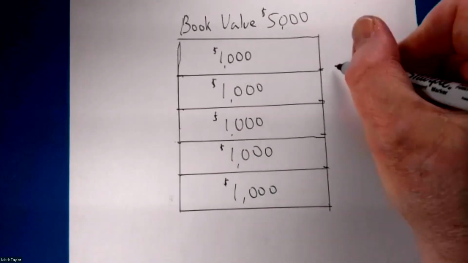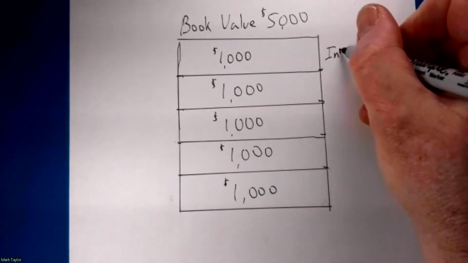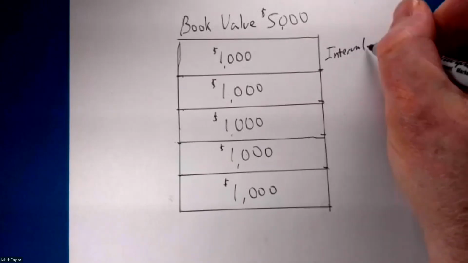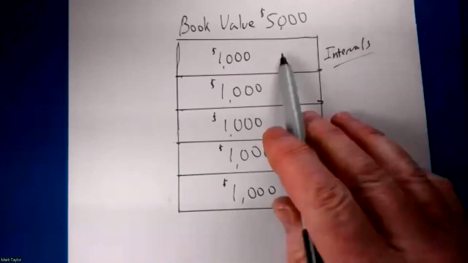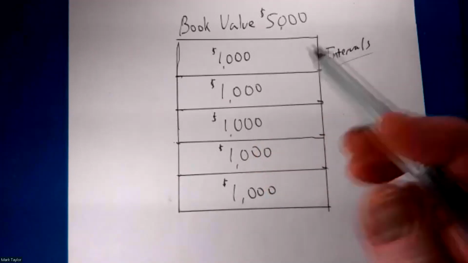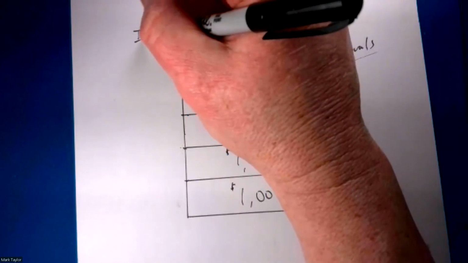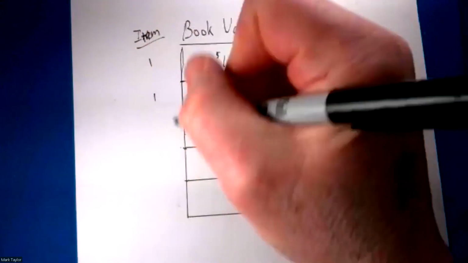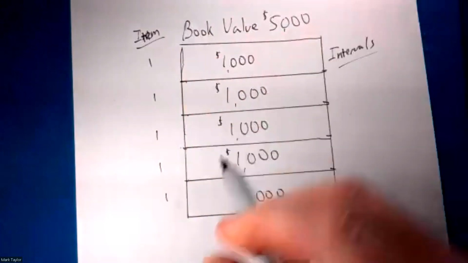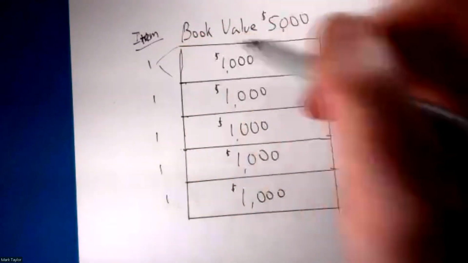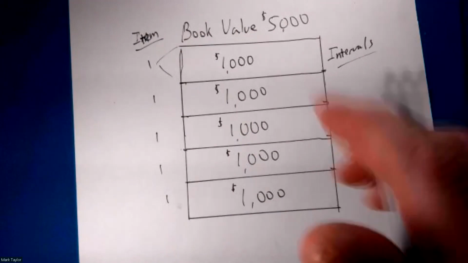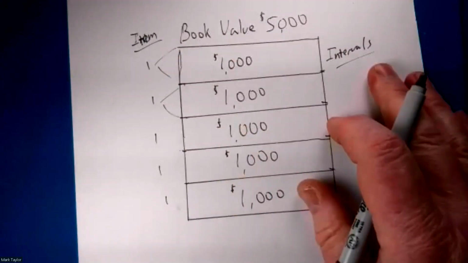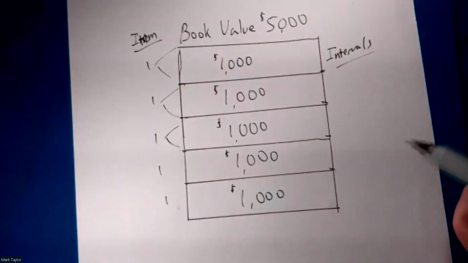These are called intervals, by the way. We'll talk about that in a second. So $1,000 intervals, or chunks, whatever you want to call it. And then we're going to choose one item in each of these groups to represent that entire group. So this one item will represent that entire interval. This one item, that entire interval. You get the idea.